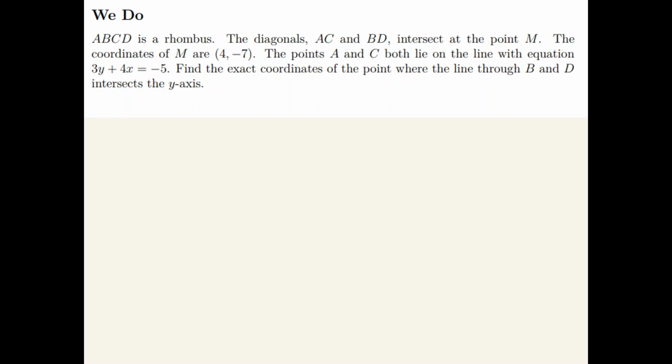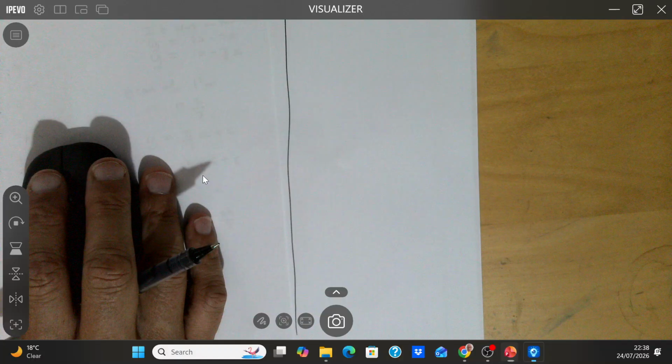So looking, what is the first step we did? Yes, the first step we did was to check the point lies on the line. Why don't you check the point lies on the line?